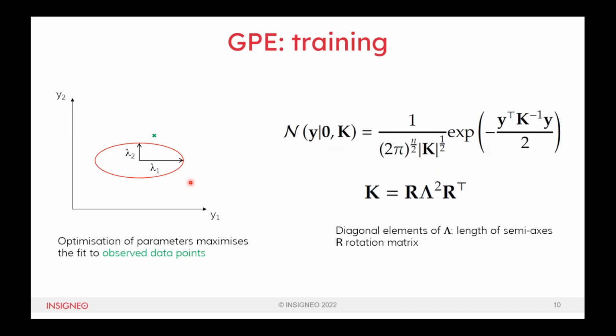But if you observe a data point, there is this data point here, and then perform the training, the training will modify the parameters inside R and lambda so that you maximize the fit with the training data.